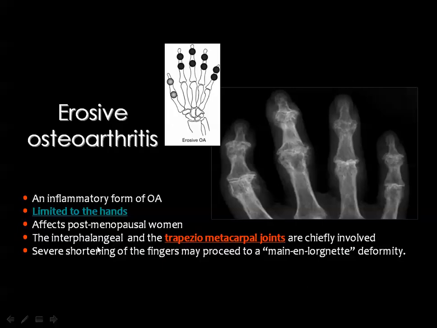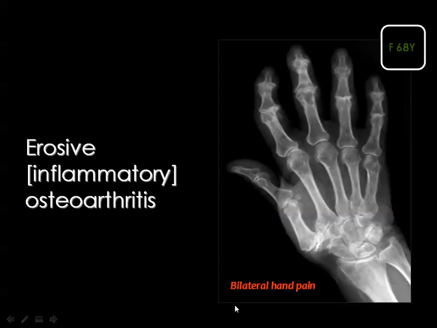The interphalangeal joints, as well as the trapeziometacarpal joints, are mainly affected, and there is sometimes severe shortening of the fingers, producing this telescoping deformity. And you see here the erosive type of osteoarthritis, which is almost closely similar to degenerative osteoarthritis, especially if you have only the radiographs of the hand.